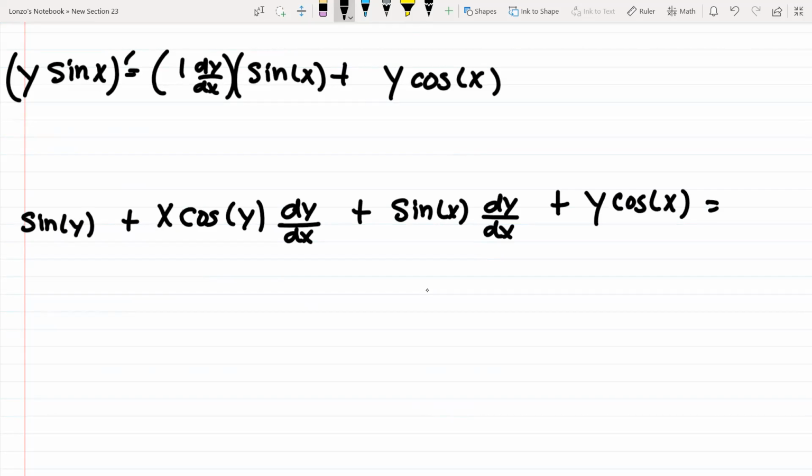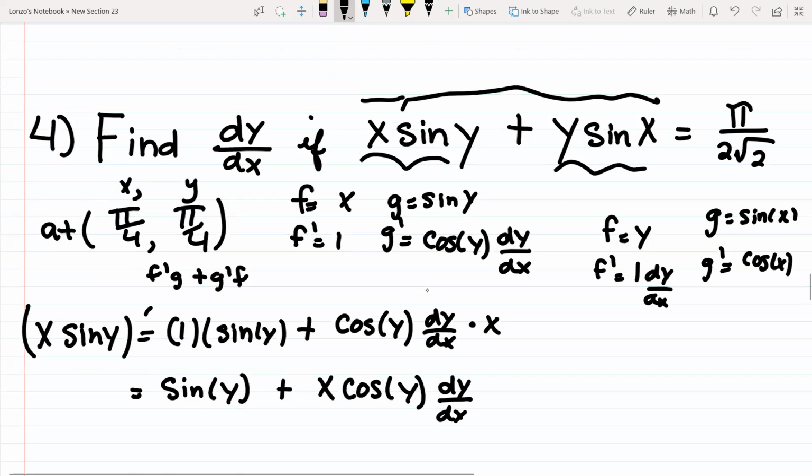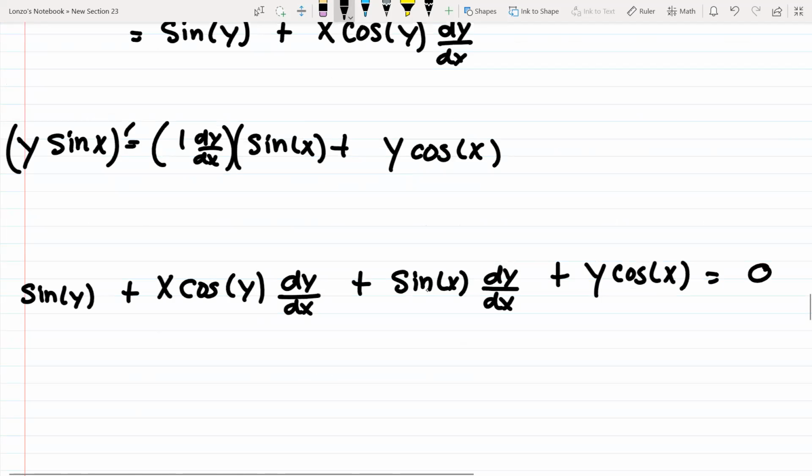And then the derivative of pi over 2, it's a constant, so it's going to be 0.